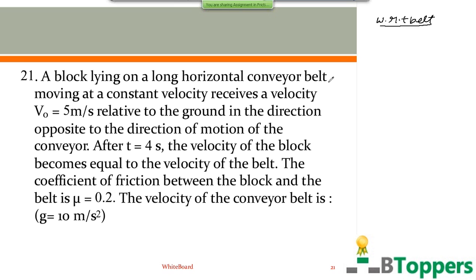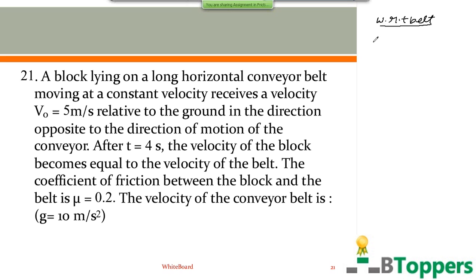Therefore, if the laboratory frame is an inertial frame, then the frame fixed to the conveyor belt is also an inertial frame. Because the conveyor belt is moving with constant velocity, its acceleration is 0, so no pseudo force acts on the block in the frame of reference fixed to the belt.